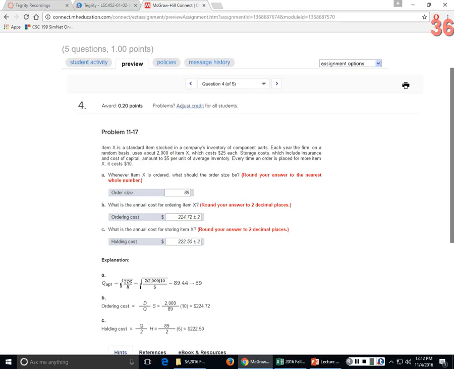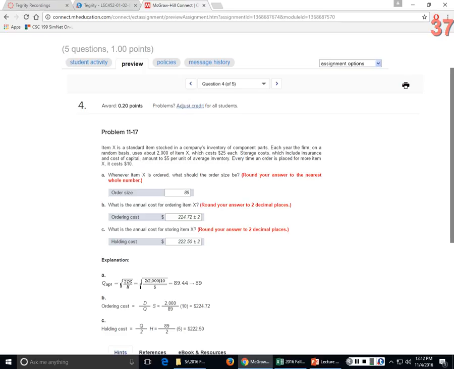Our ordering costs are represented by D divided by Q times S. Inventory carrying costs are represented by Q divided by 2 times H. When it asks you just for the ordering costs, you're figuring this part. When it asks just for the carrying costs, you're figuring this part.